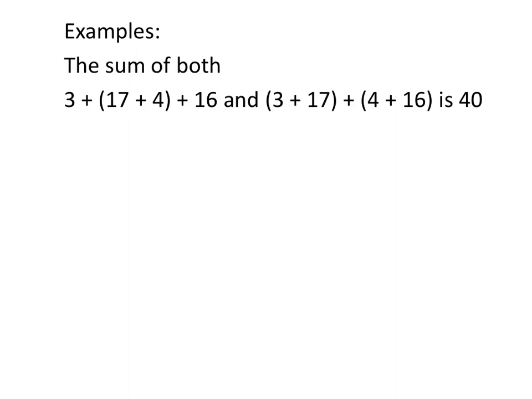Right, and in addition to that, it didn't change the order of the friends. So you got 3, 17, 4, 16. But over here you got 3, 17, 4, and 16. So just keep in mind the associative property does not change the order of the values that we're operating on.